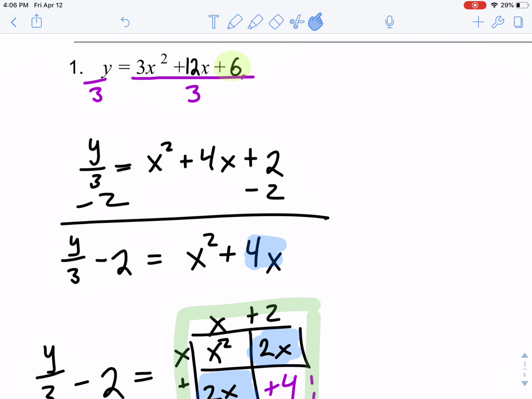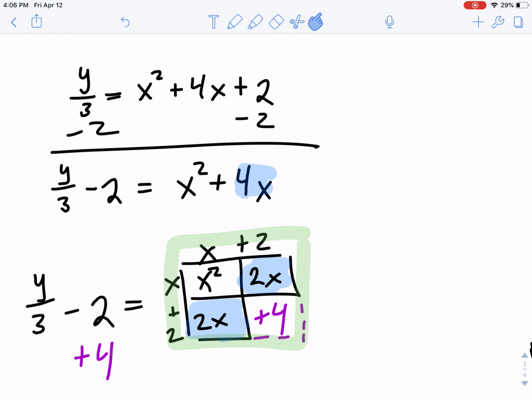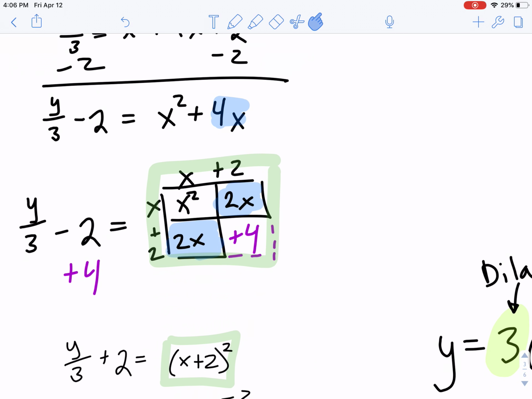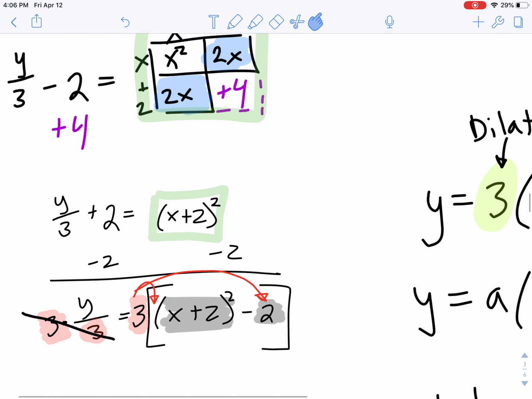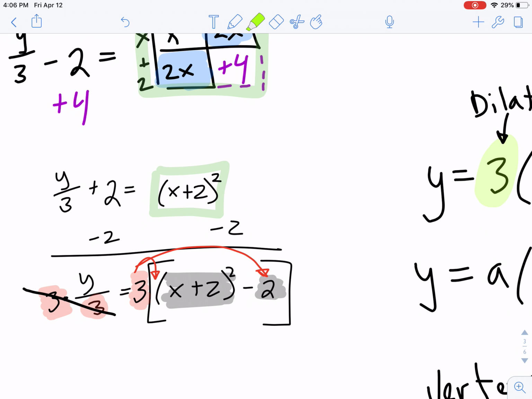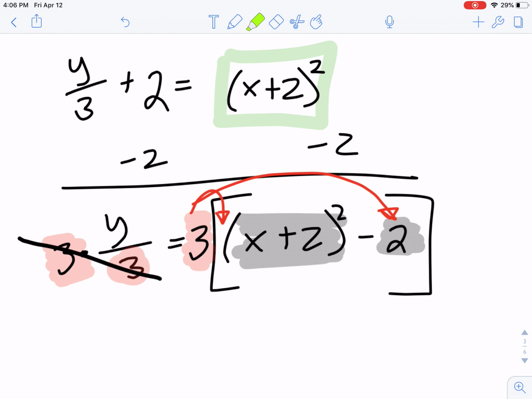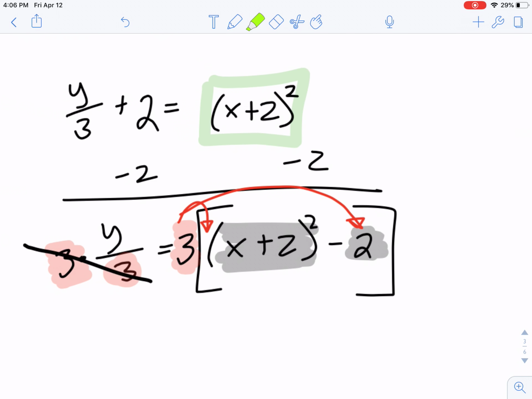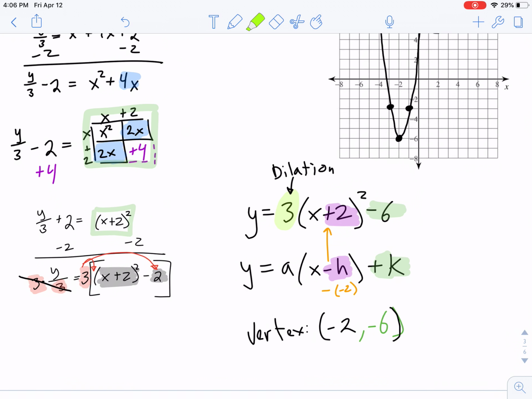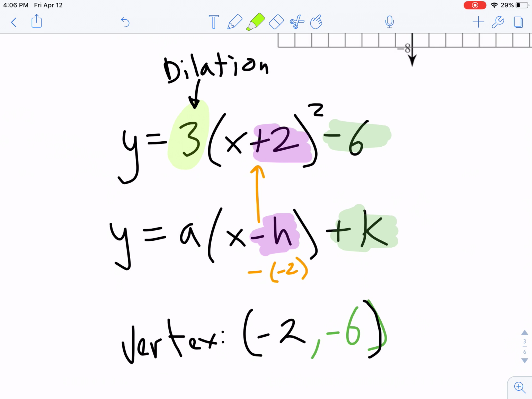It doesn't really matter if you move the c term over before or after you divide by your leading coefficient. It does mean that at the end, when you're solving for y, you end up having a little bit more work to do. When we had to multiply both sides by 3, we had to be really careful about using the distributive property. You multiply your perfect square by the 3 and the k value by the 3. And that's how we got our vertex form.